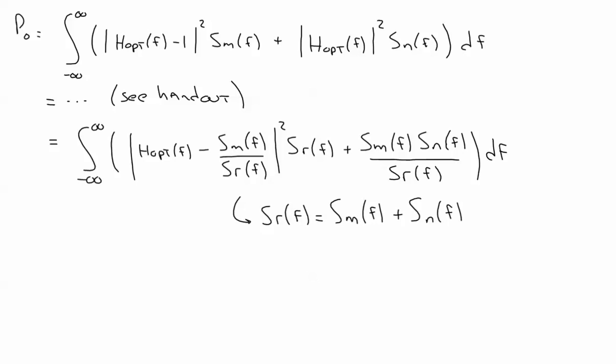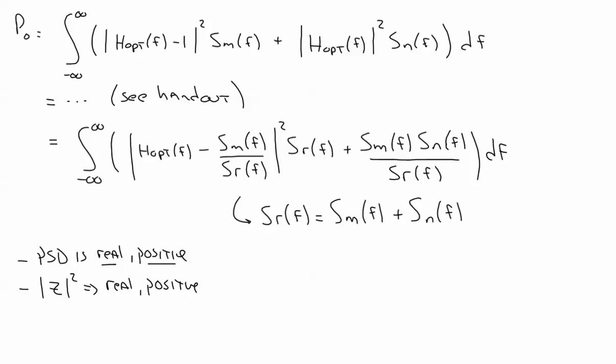All right, let's look at this integral result in the middle of the page and recall some things. First of all, power spectral density is always real and positive. Okay? It's always real, it's always positive. If I take the absolute value squared of any complex number, I get something that is also real and positive.